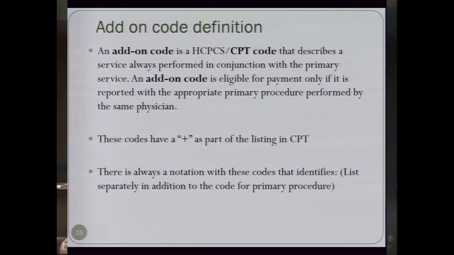There is a concept in CPT that we're going to talk about now with coding, and it is called an add-on code. And this concept is like when two vowels go a-walking. We all go back to our elementary days when we learned about two vowels go a-walking. The first one does the talking. Well, the first one that does the talking is the primary code. Okay?